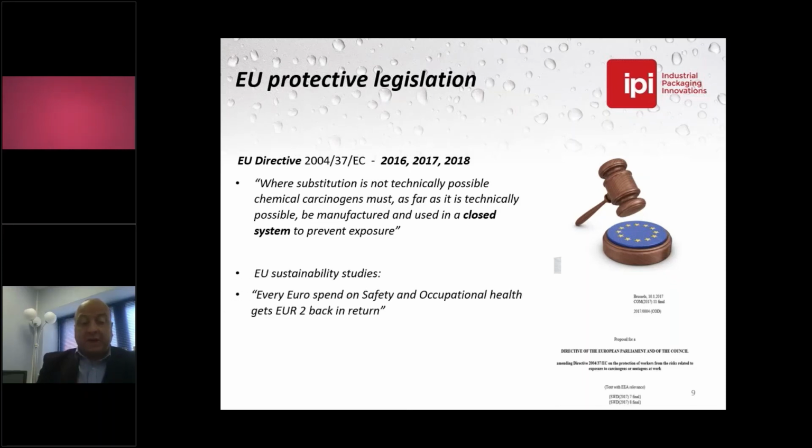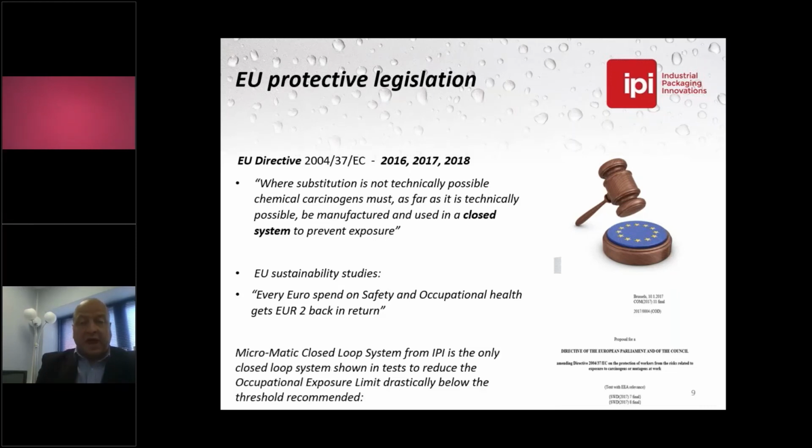EU sustainability studies have also shown that if you spend €1 on safety and occupational health, you will get €2 back on return. So there's a lot of science and investigation behind this. If you need any of these reports, we will be able to send them to you. Just let us know in the chat and enter your email and your company name.